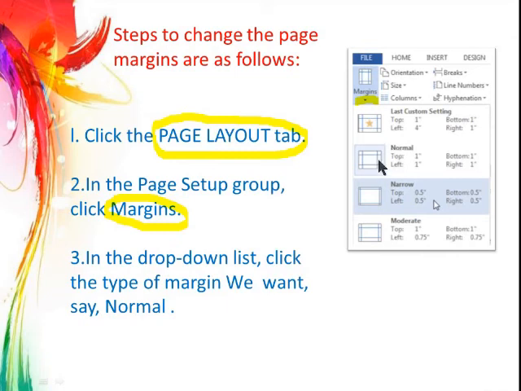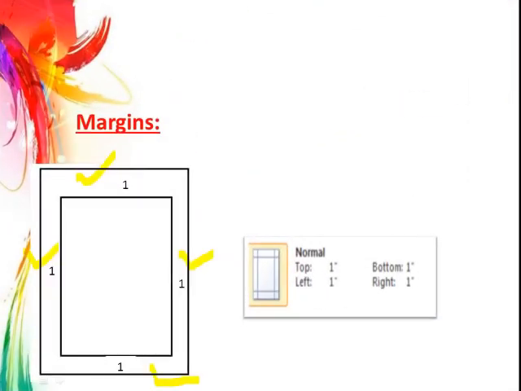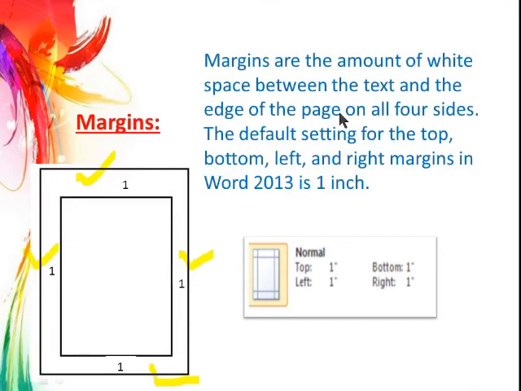And in Normal you can see top, bottom, left, right, all the four sides of the paper, they are 1 inch and they are predefined, already set. Okay, so you can also find out there that margins are the amount of white space between the text and the edges of the page on all four sides, and we can change it also.